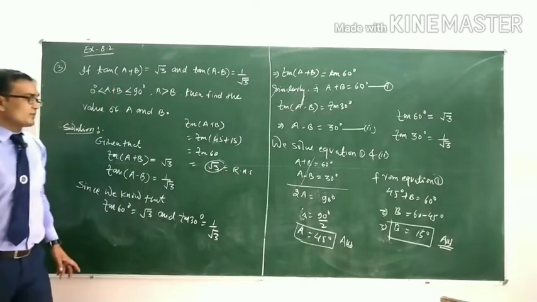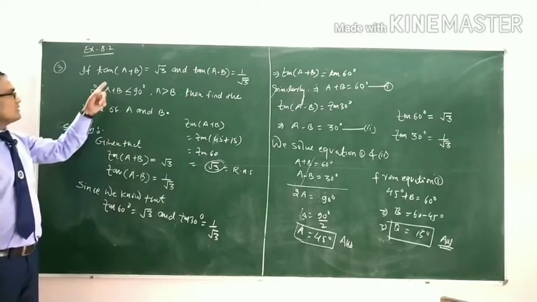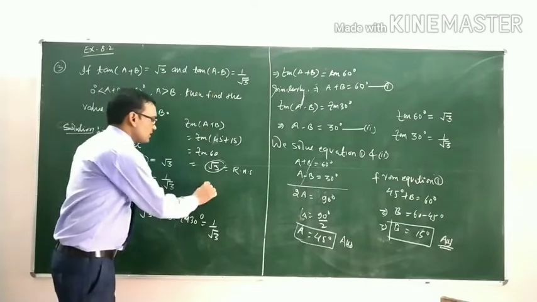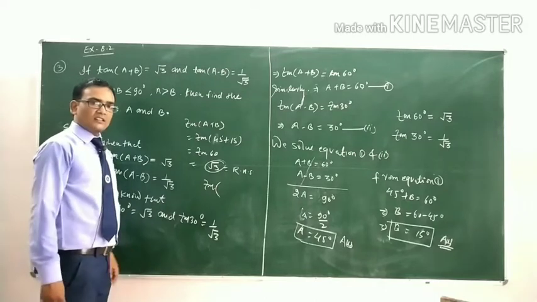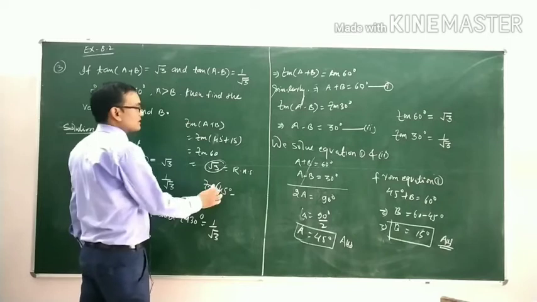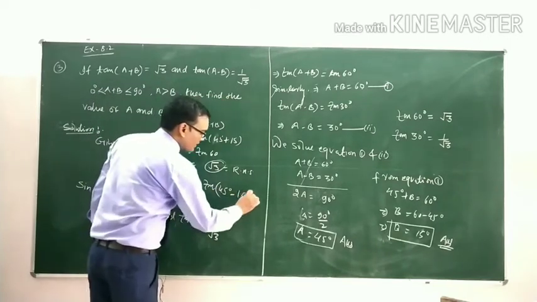That means your answer is right if it satisfies this equation. Also, tan(A - B): the value of A equals 45 degrees and the value of B equals 15 degrees.